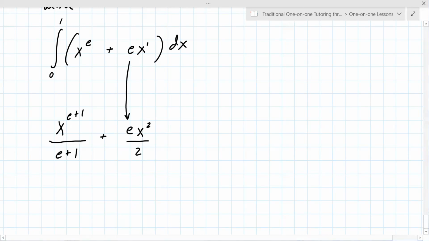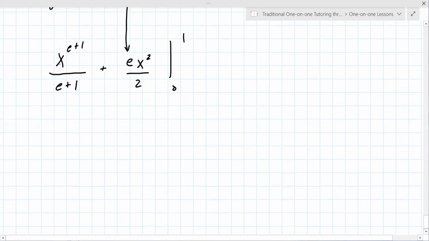But isn't that just what we've been doing? Yes, but they look different. And then we have to evaluate it, which could be a little more complicated.